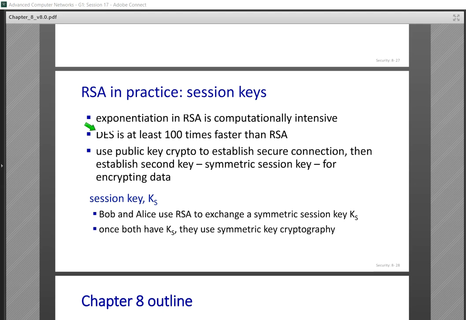But after that, we can send a shared key over that RSA connection. I'm sending the shared key over that RSA connection.